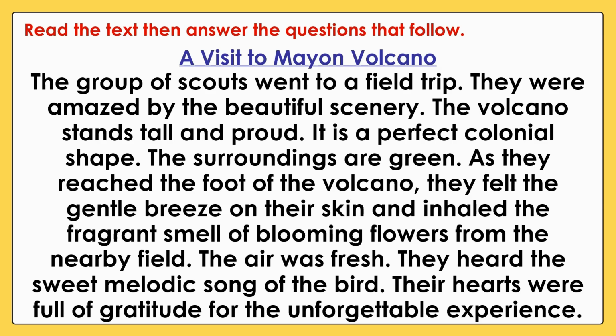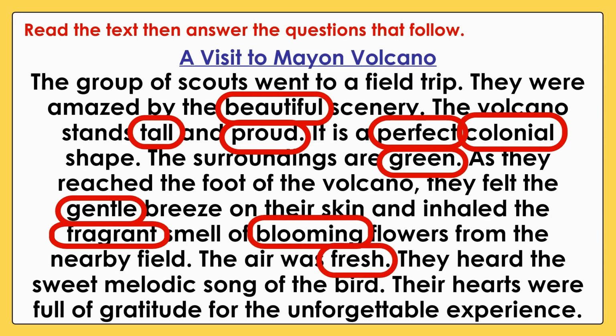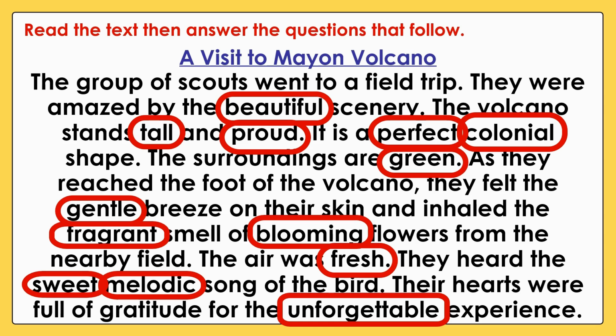So this time, let us encircle all the describing words or adjectives in the paragraph. First, we have beautiful, tall, proud, perfect, colonial, green, gentle, fragrant, blooming, fresh, sweet, melodic, unforgettable.